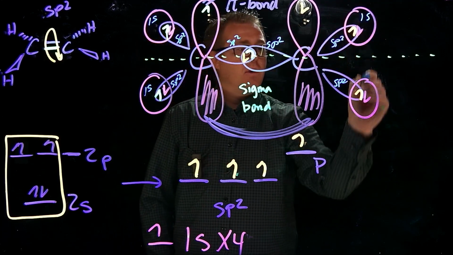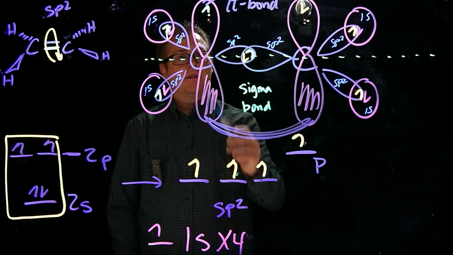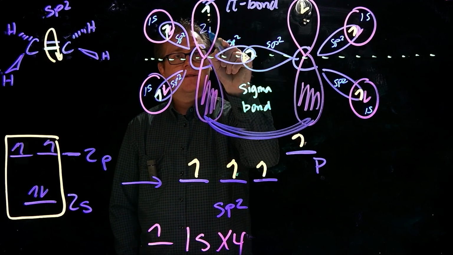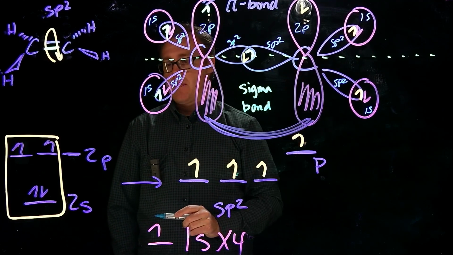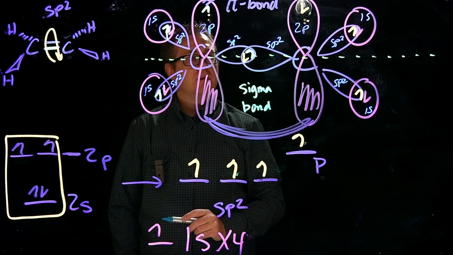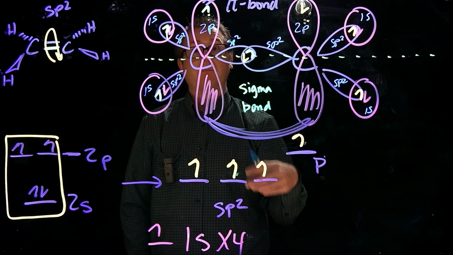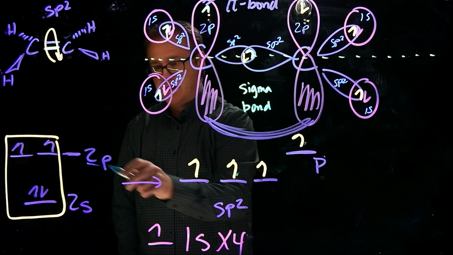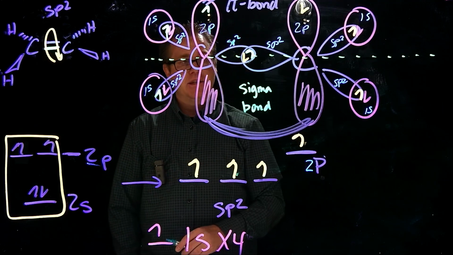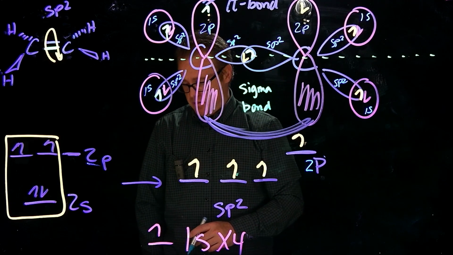The hydrogens are 1s's. And then what's the interaction between these guys? That is a 2p and a 2p. And sometimes I just say, hey, that's the p orbital, but what energy level is that p orbital? We see that it came from a 2. So we could say that's a 2p. Okay? Perfect.